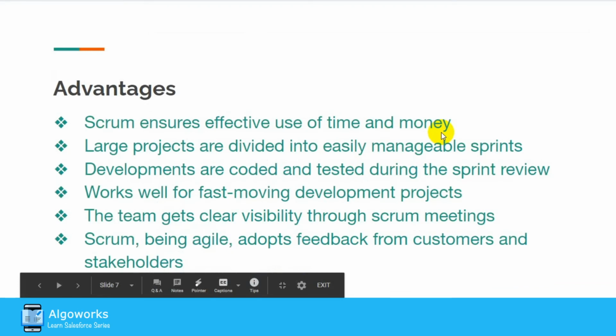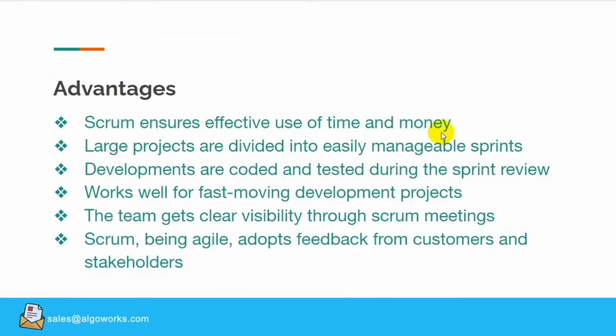Okay, so covering the last topic of the day: what are the advantages of the Scrum model over the other existing, or you can say legacy, product development models? Scrum ensures the effective use of time and money, because it breaks down all the requirements into small chunks.